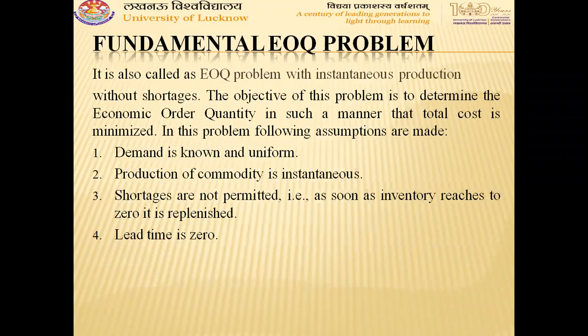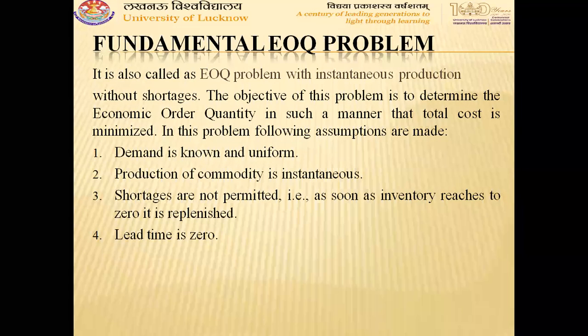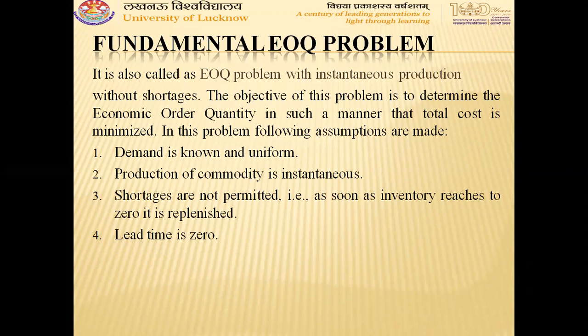So what is the fundamental EOQ problem? That is also called the EOQ problem with instantaneous production without shortages. The objective of this problem is to determine the economic order quantity in such a manner that the total cost is minimized under certain assumptions.